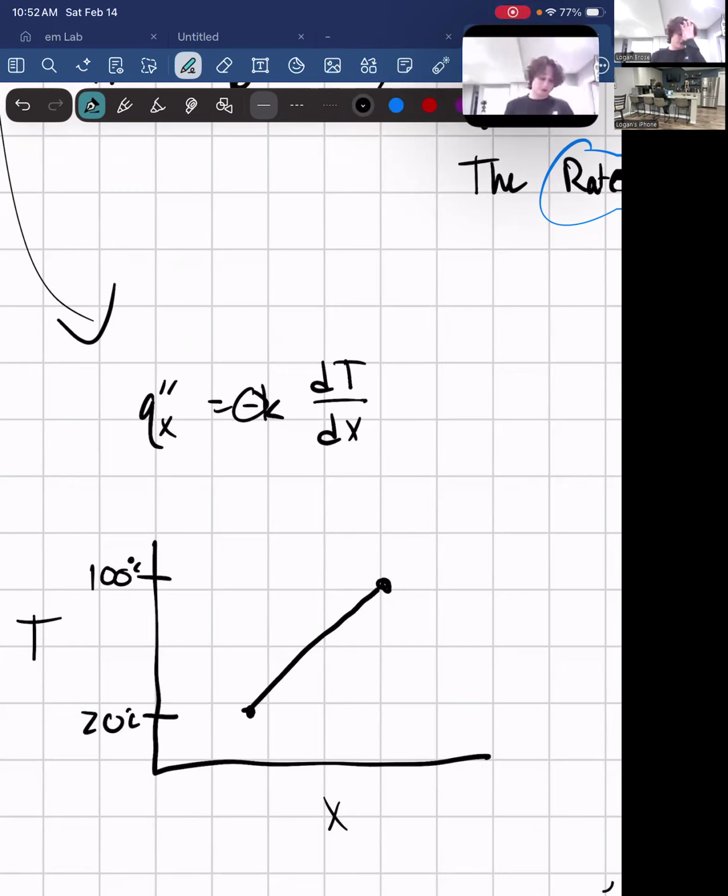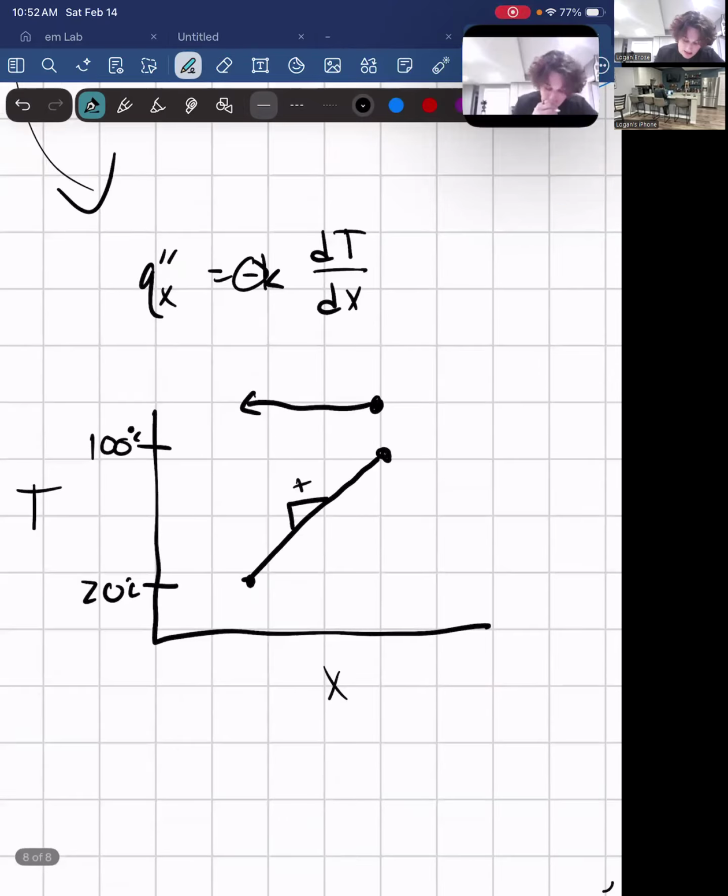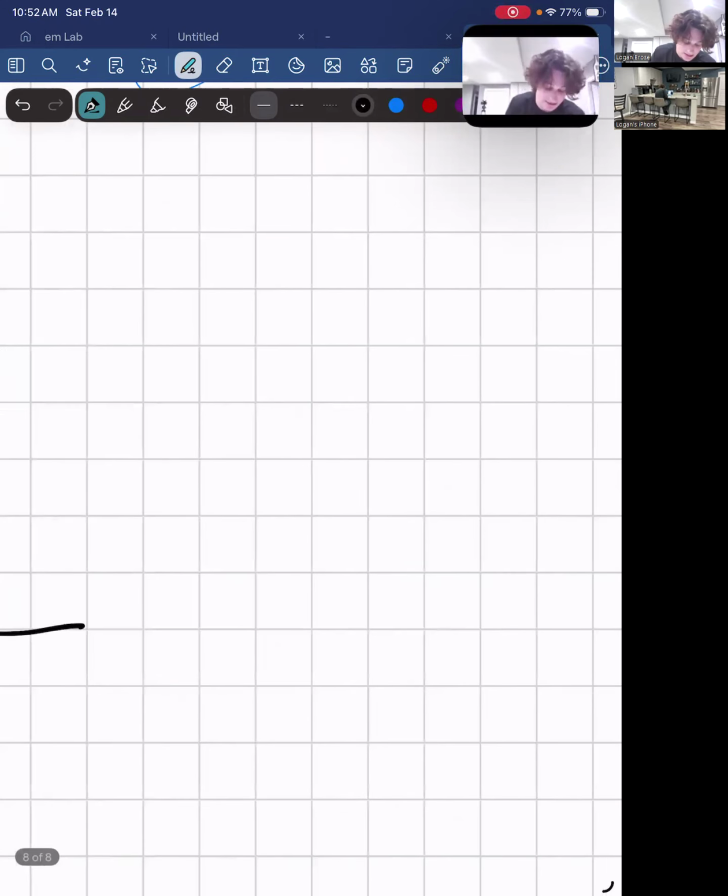So our dT/dx is going to be a positive slope. But heat flows from hot to cold. That's something that is common sense. So heat flows in this direction. So our total Q will be negative, because we're in the positive X and positive Y being right and up. So our heat is flowing in the negative direction. So that's why this negative is here.